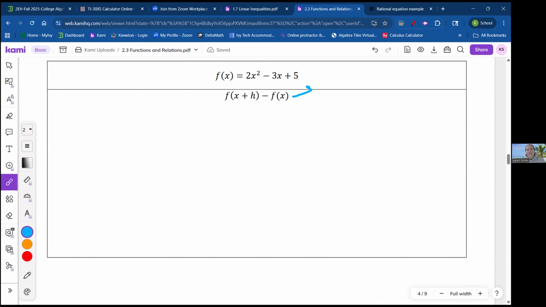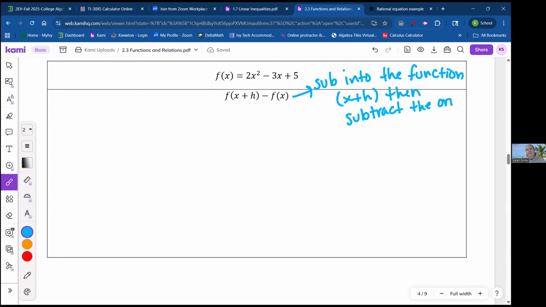So that's what this means. We're going to sub into the function x plus h, then subtract the original function.